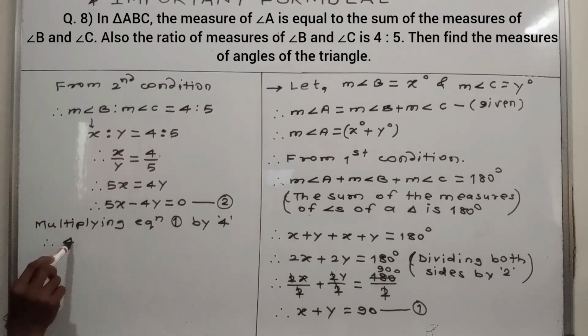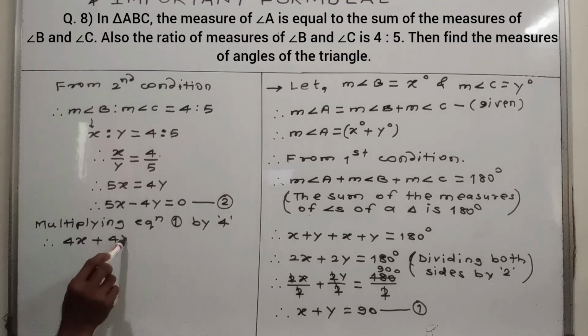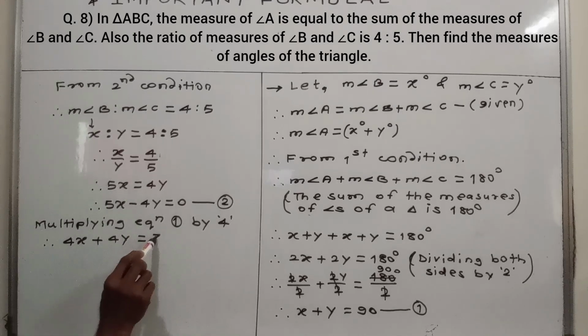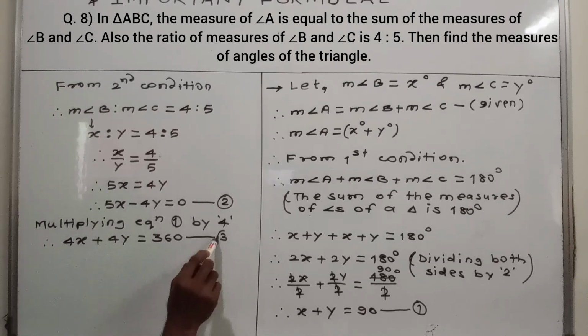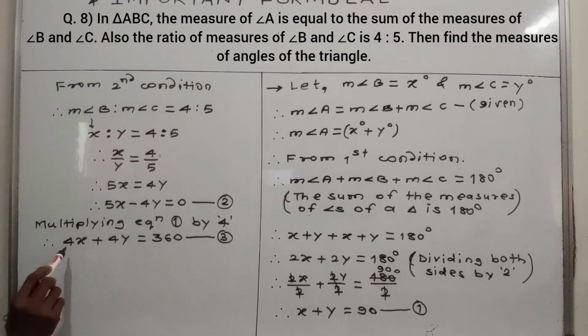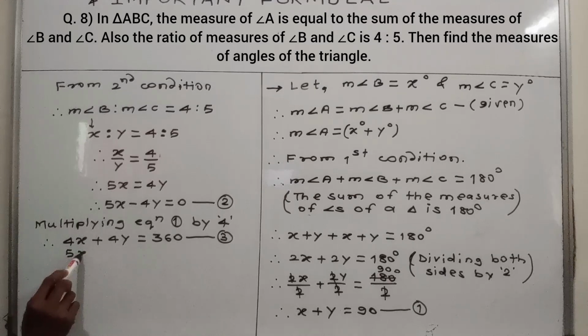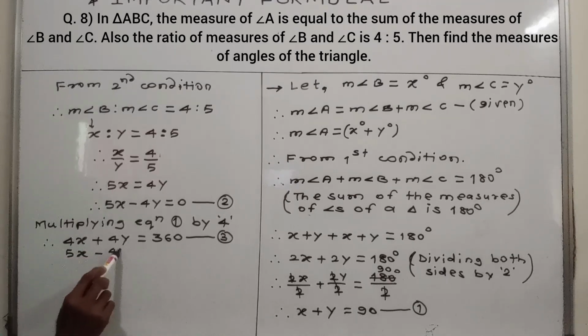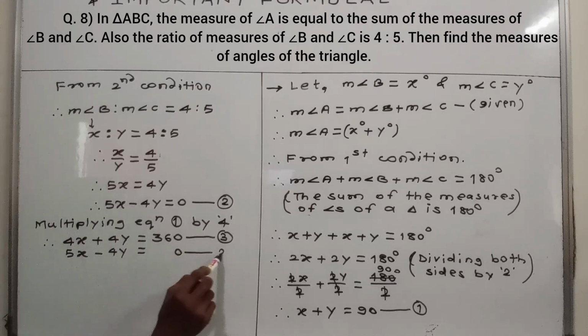Therefore, 4x plus 4y is equal to, we multiply to this also 4, 4 into 90. This is our new equation. Exactly below we write our equation number 2. 5x minus 4y is equal to 0.